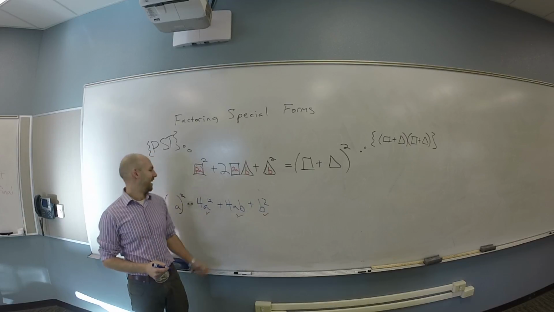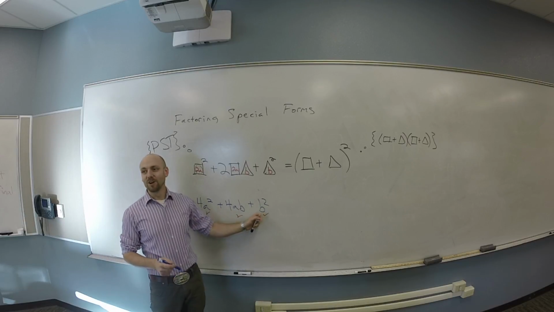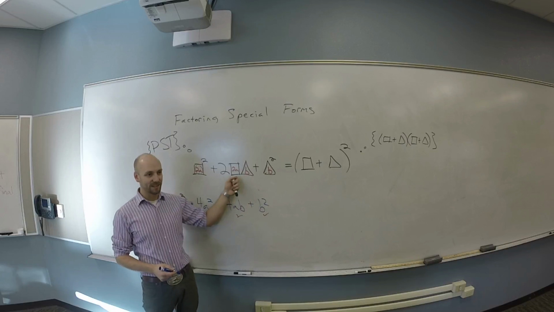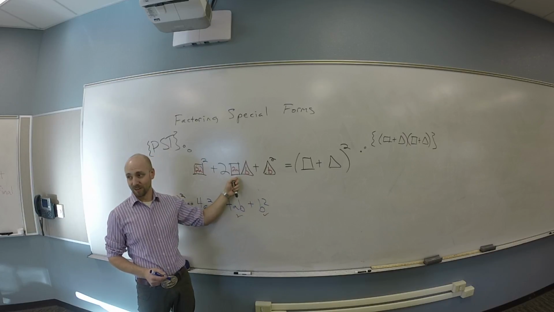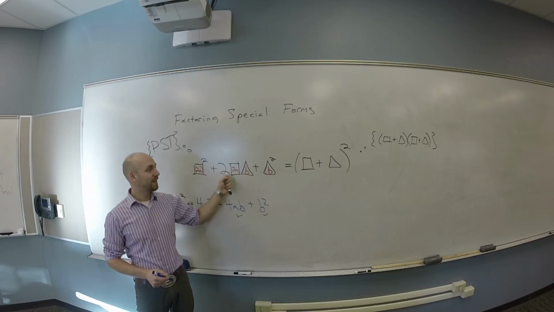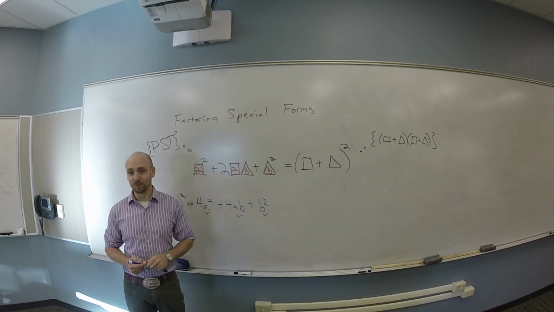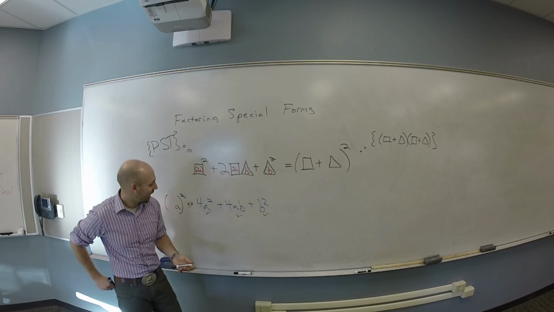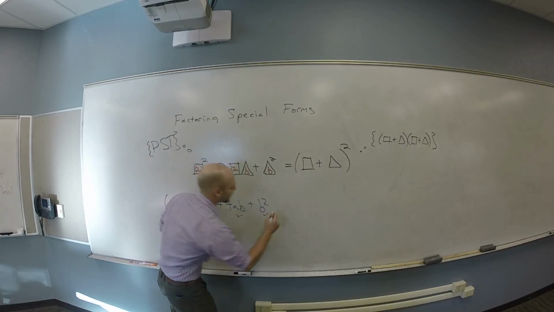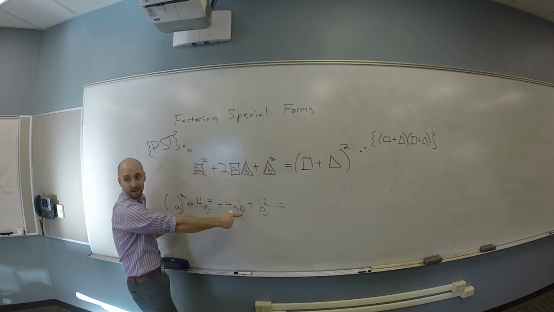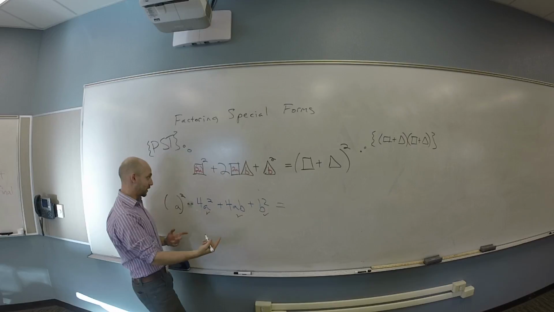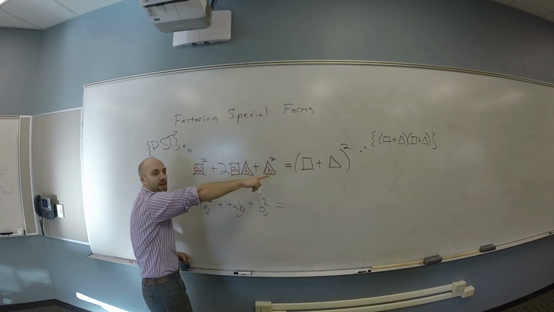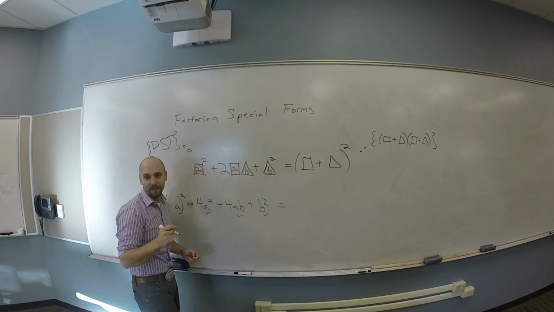Have I finished this problem? Heck no. I was trying to factor this. So far, all I've done is confirm that this is in fact a perfect square trinomial. Once I know it's a perfect square trinomial, my life is pretty easy, because I can just put what I started with in the perfect square trinomial form.